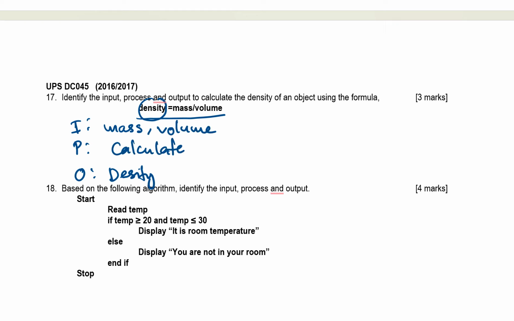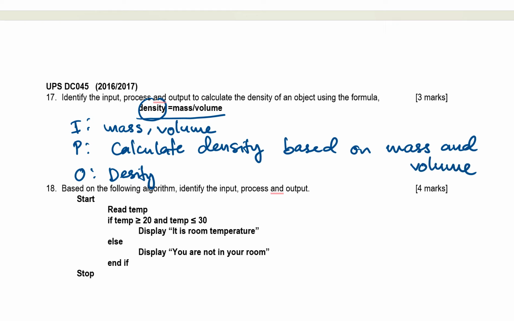So calculate density based on what? Based on mass, and you can write N here in the process, and volume. Okay, now this one is a sequence control structure, because you don't have any condition or how many times the program needs to repeat.